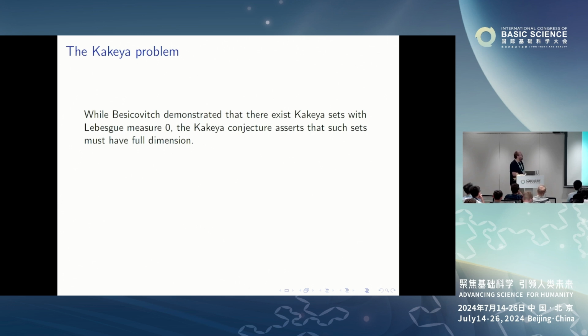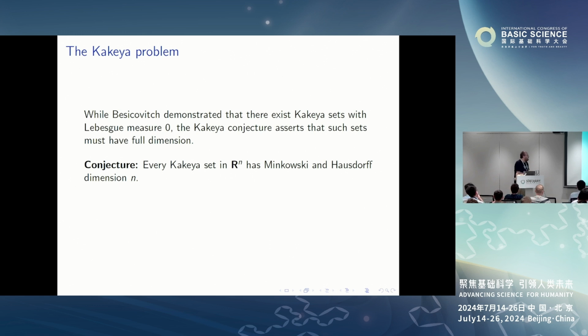So Besicovitch demonstrated that there exist Kakeya sets with Lebesgue measure 0, but that's not as small as a set can be. So you could ask yourself, what can you say about the dimension of a Kakeya set? And there's a conjecture that asserts that the dimension has to be full. And of course, there are different notions of dimension. Everywhere where I say Minkowski, I mean upper Minkowski, and I think probably this is the only slide where I messed it up.